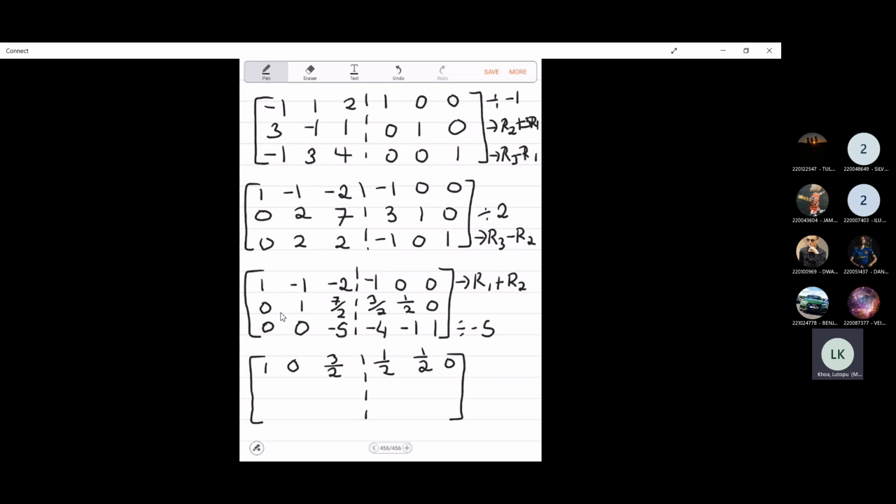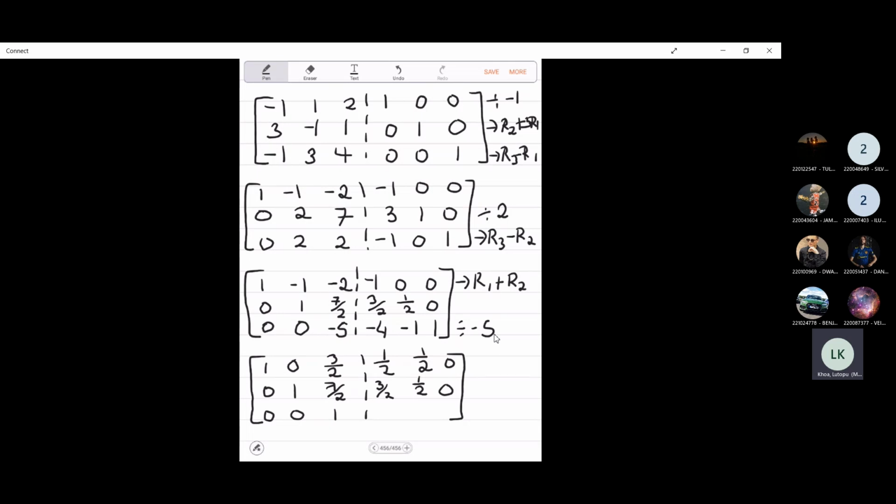Then the second row, we haven't done anything, so we leave it for now. So it's 0, 1, 7 over 2, 3 over 2, a half, 0. And then the third row, we divide it by minus 5. So we have 0, 0, 1. Then negative 4 divided by negative 5.